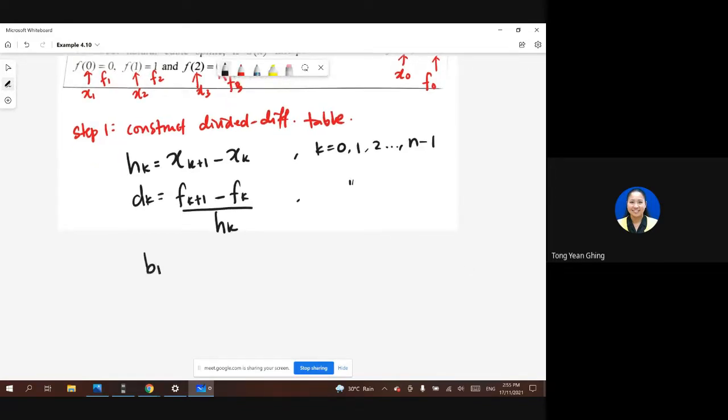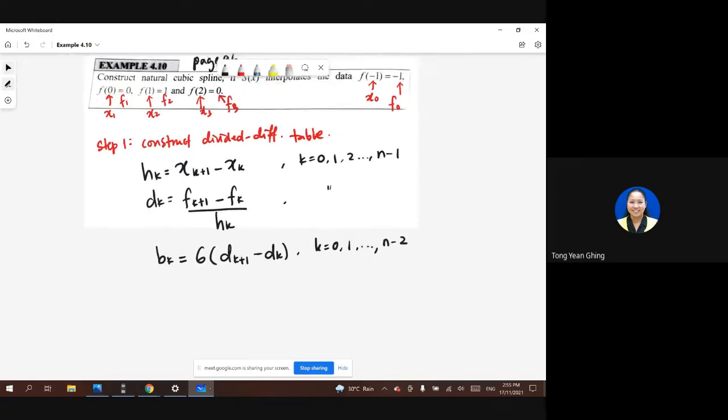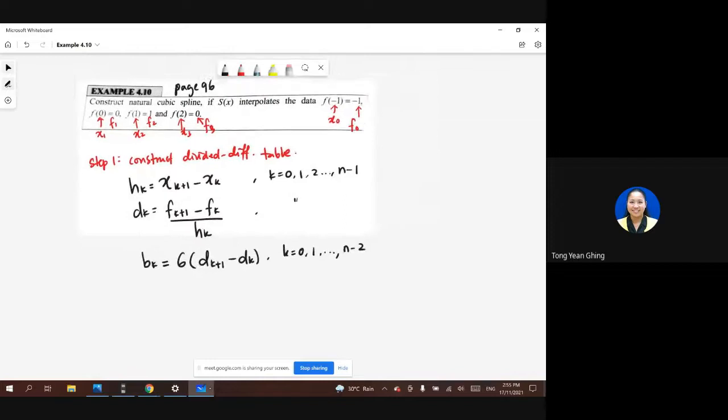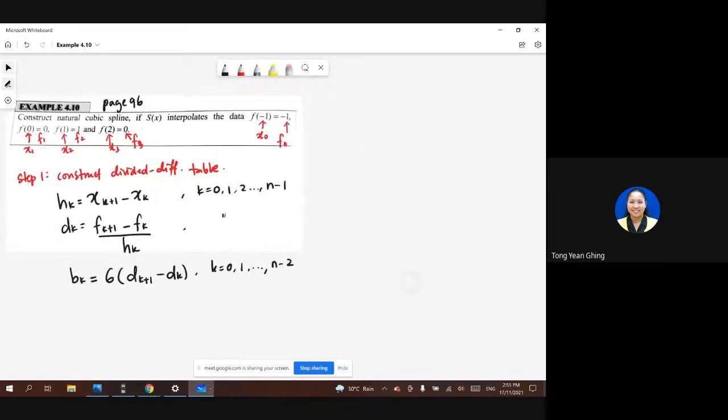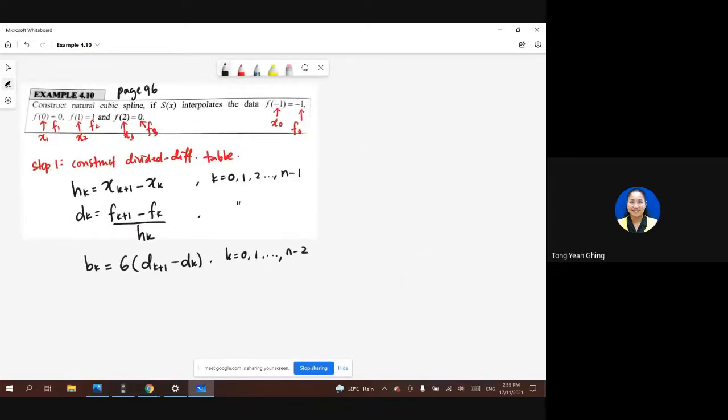And then b_k equal to 6 (d_k plus 1 minus d_k) for k equal to 0, 1 until n minus 2. So I find these three parameters first. I will draw on this side.